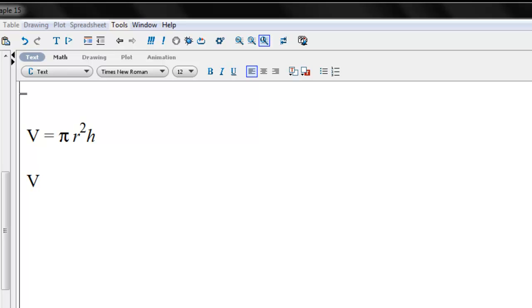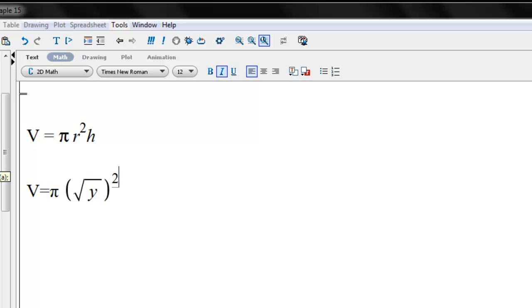So pi will remain pi. Now the radius, we said, is the square root of y, and we have to square that because radius squared is part of our cylinder volume formula. Now the height we said is going to be dy.